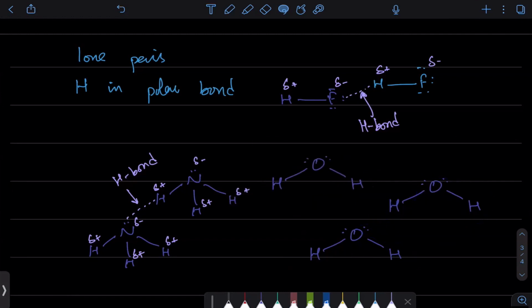Not only is water able to make these bonds with itself, with the slightly negative and slightly positive charges all around, but there's another thing happening. This lone pair can be attracted to this, and at the same time, this lone pair can be attracted to this.